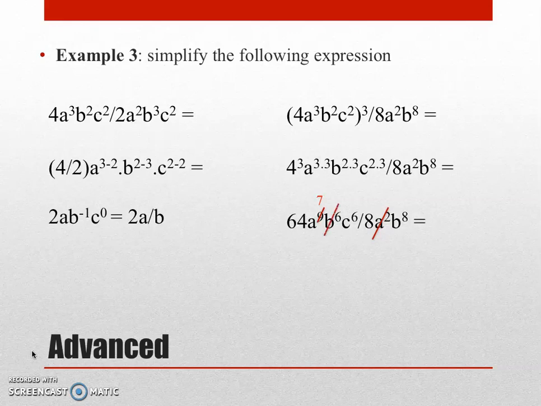Similarly, b to the power of 6 can go away, and we will have b to the power of 2 in the denominator. Also, we can simplify 8 with 64, which will give us another 8 in the numerator. So we will have 8a to the power of 7, c to the power of 6, divided by b squared.